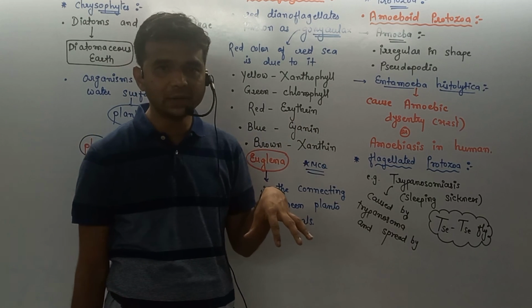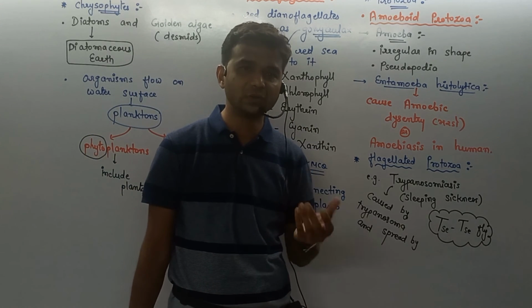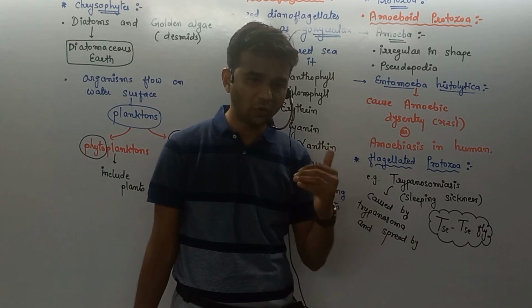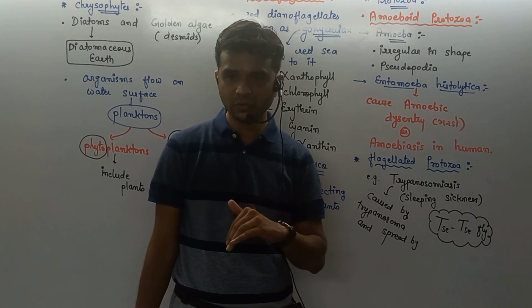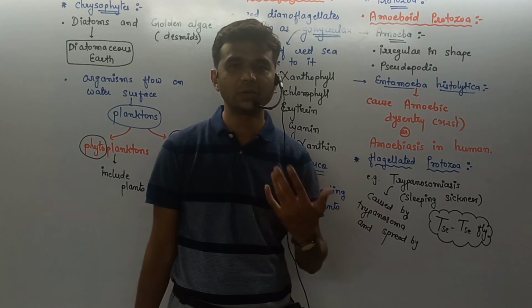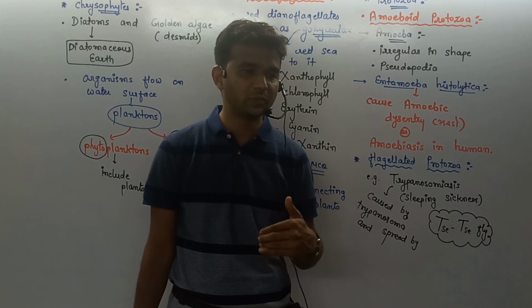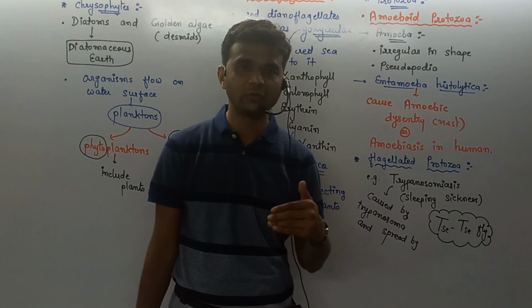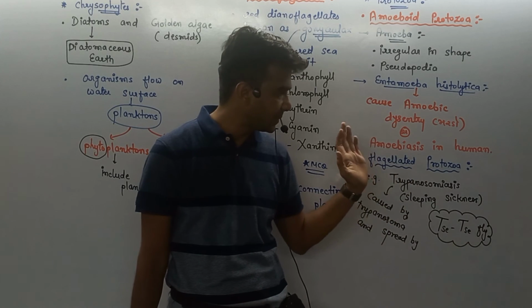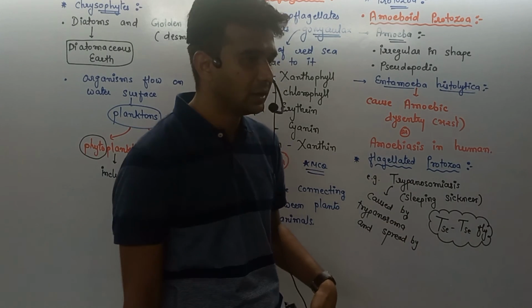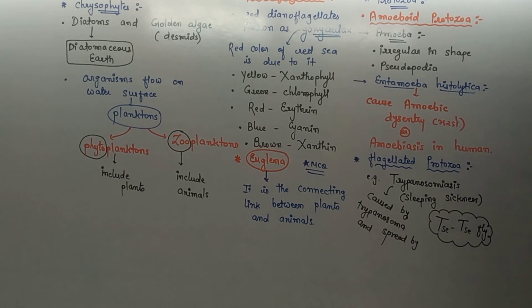Initially there is unconsciousness, then frequent unconsciousness, followed by semi-coma, followed by coma, and it leads to death. Trypanosomiasis mostly affects aged persons and is spread by the tsetse fly.